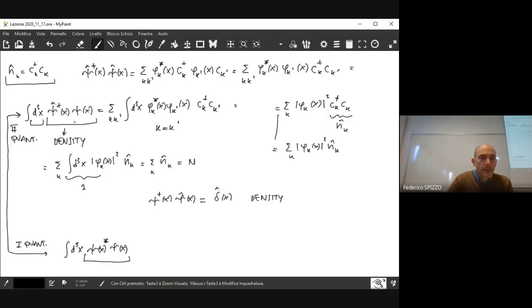Here you make something that is very similar. You make an integral with the creation and destruction operators that are the equivalent of the wave function and the conjugate of the wave function to find the operator density using this vector field formalism.